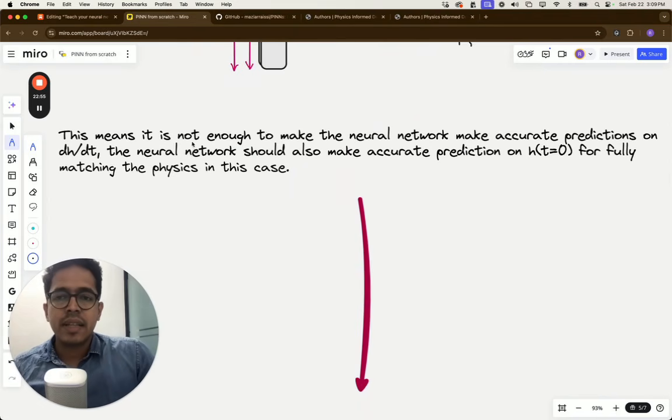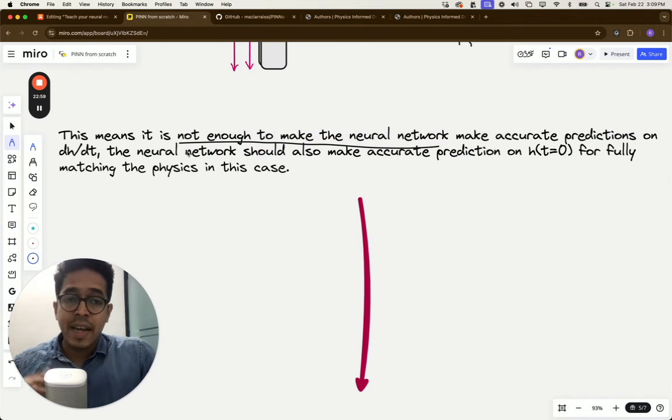So now let's think about what the neural network should do. It is not just enough for the neural network to make predictions, accurate predictions on dh by dt, but we also want the neural network to make accurate predictions on the h of t at t equal to 0, meaning the initial condition. So we want the neural network to make predictions that are closer to the data set.